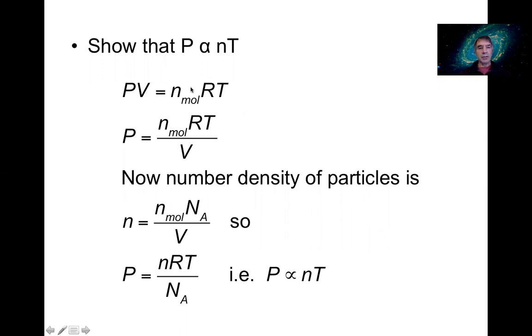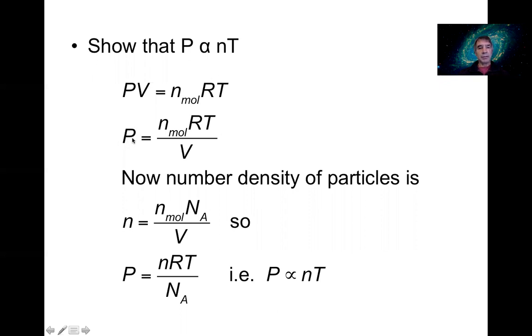So if you go to your normal PV equals nRT, where R is the universal gas constant, so that's a constant, and n in this equation refers to the number of moles, if you remember your A-level physics or chemistry or both.